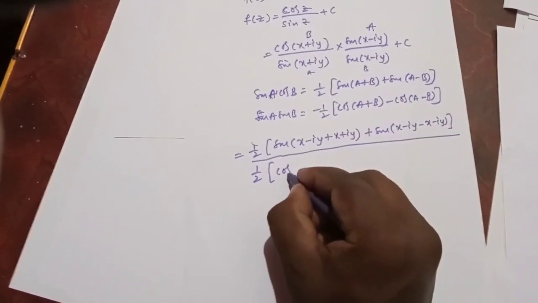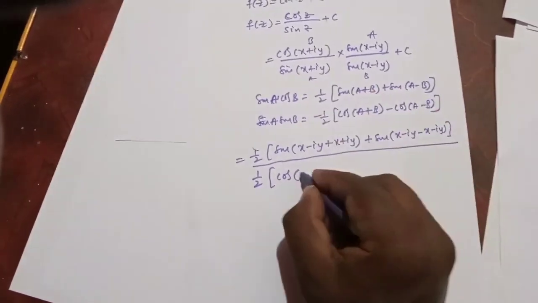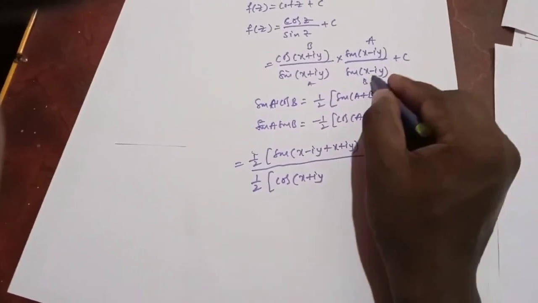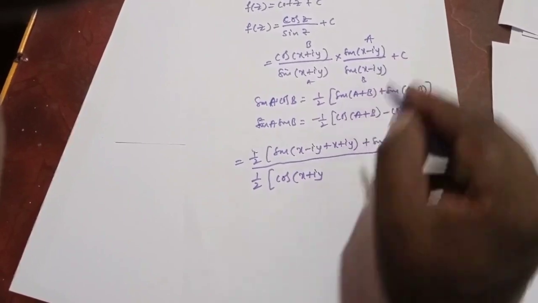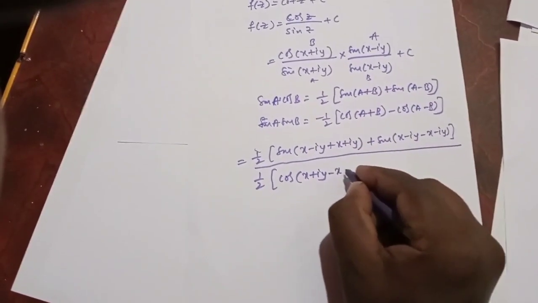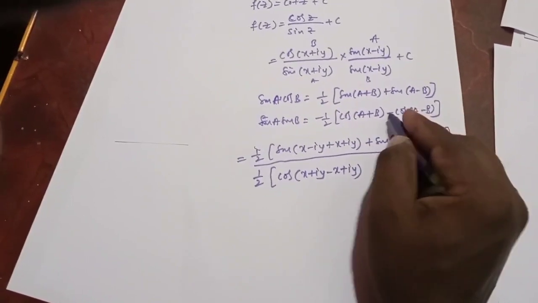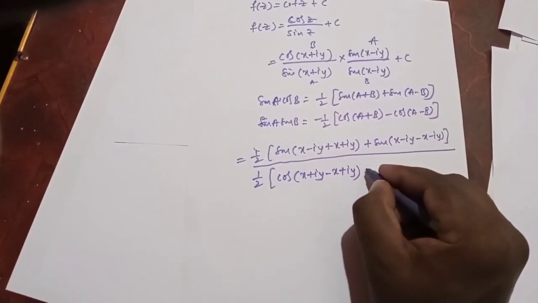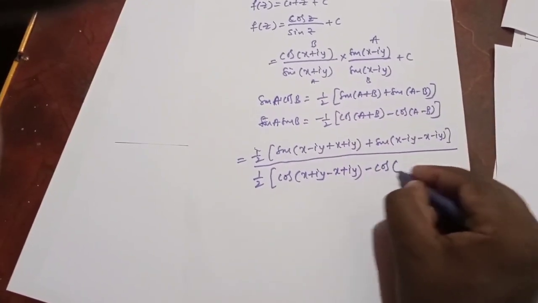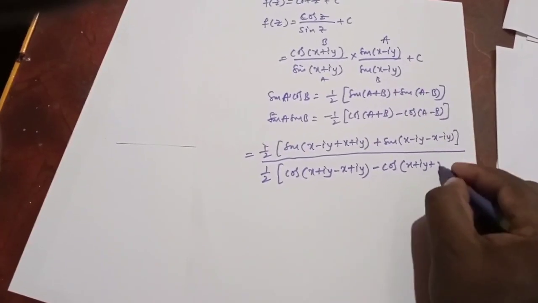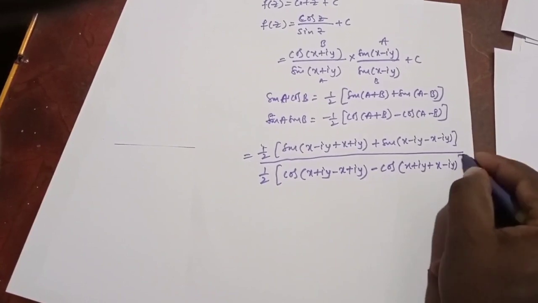So cos of a is x plus iy, minus b is x minus iy. Multiply that with negative sign, minus x plus iy. This is our first term. This minus becomes minus into minus plus, minus cos of a plus b. A is x plus iy, b is x minus iy.